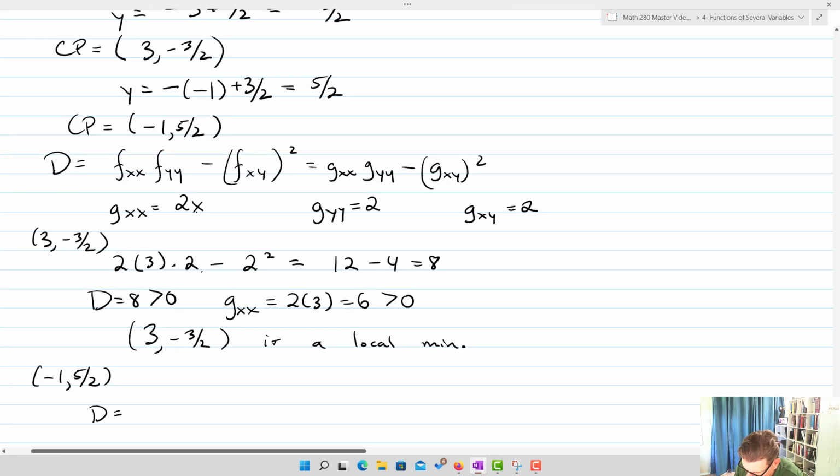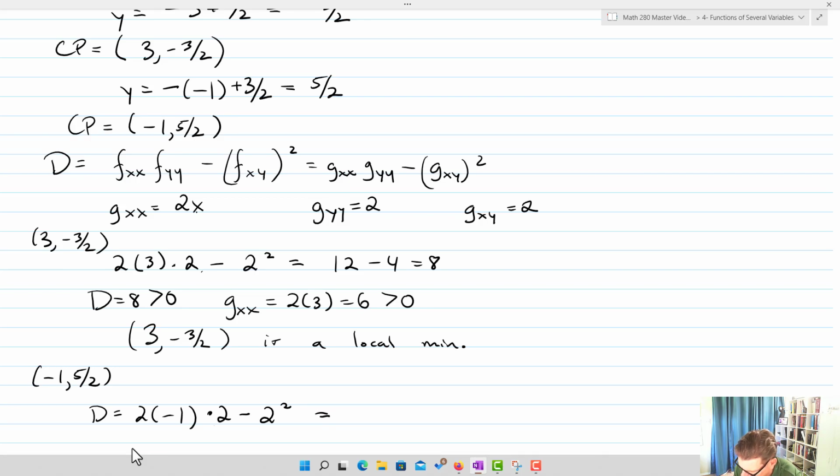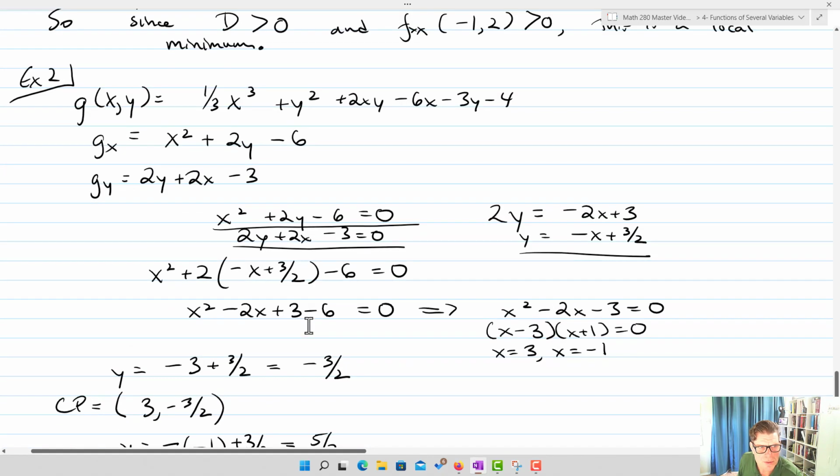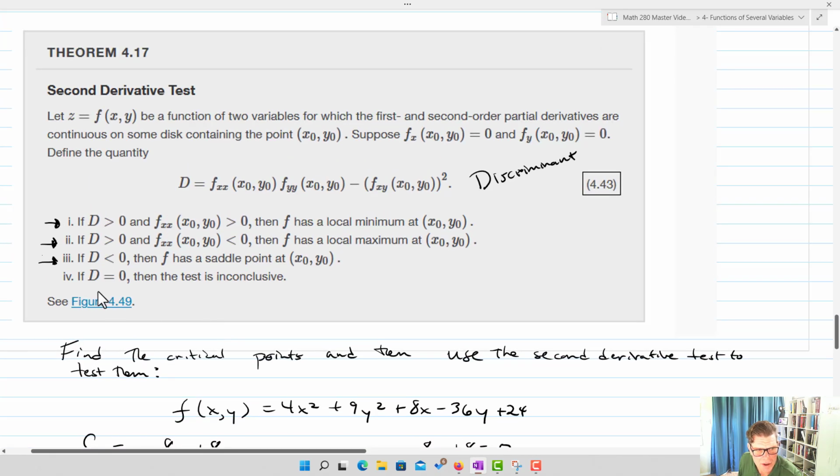So D again is going to equal 2 times negative 1, because x is negative 1, times 2 minus 2 squared. So this is now negative 2, that's negative 4, minus 4, that's negative 8. And notice now that that's less than 0. So negative 8 is less than 0. And let's look at what happens when D is less than 0.